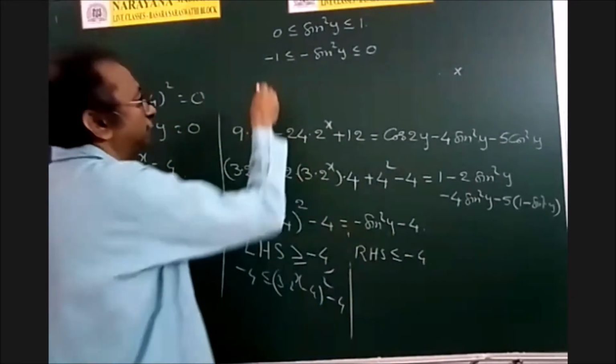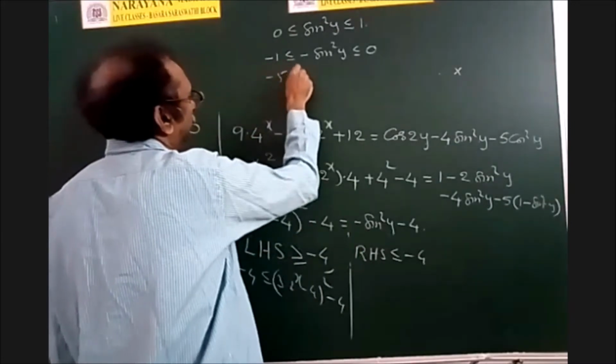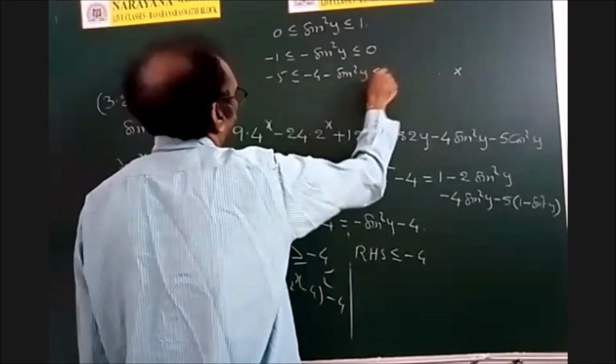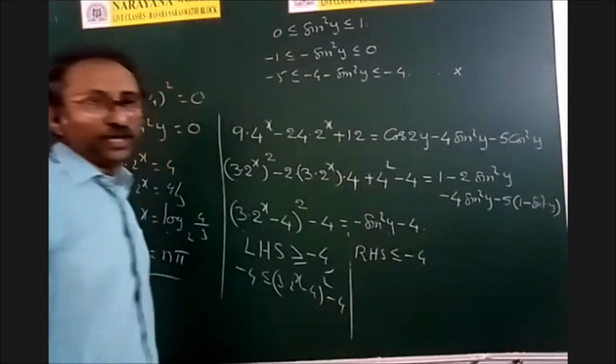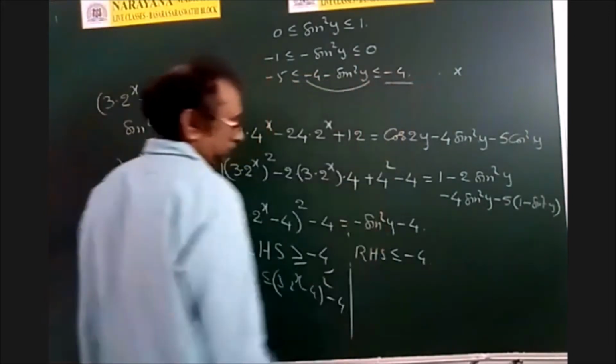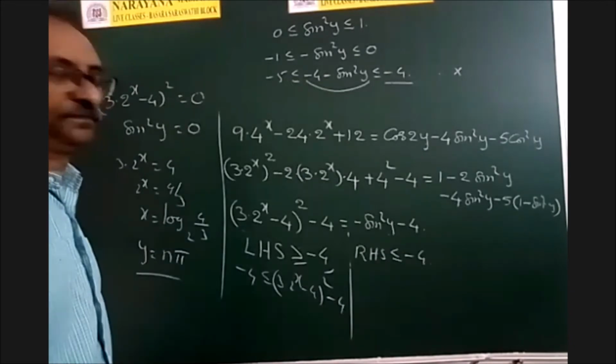And add minus 4. So that is minus 5 less than or equal to minus 4 minus sin square y less than or equal to minus 4. And therefore, its greatest value is minus 4. So that we are using here. Okay, sir.